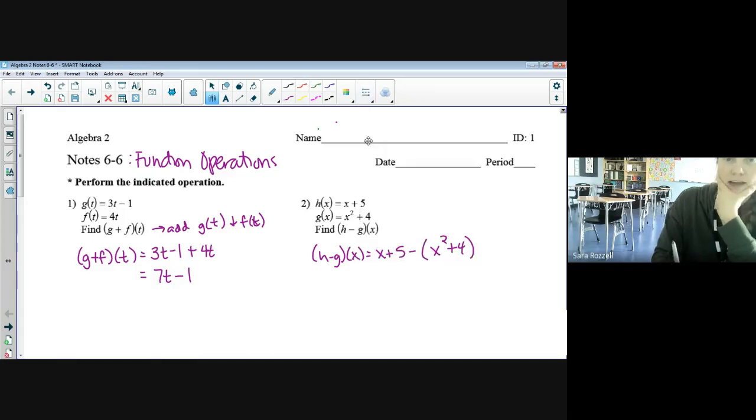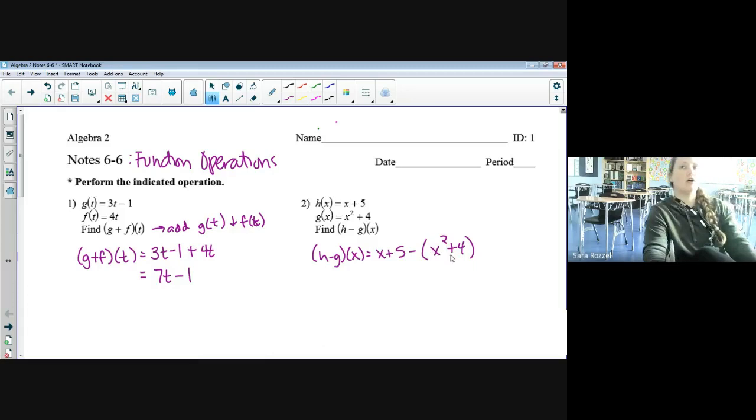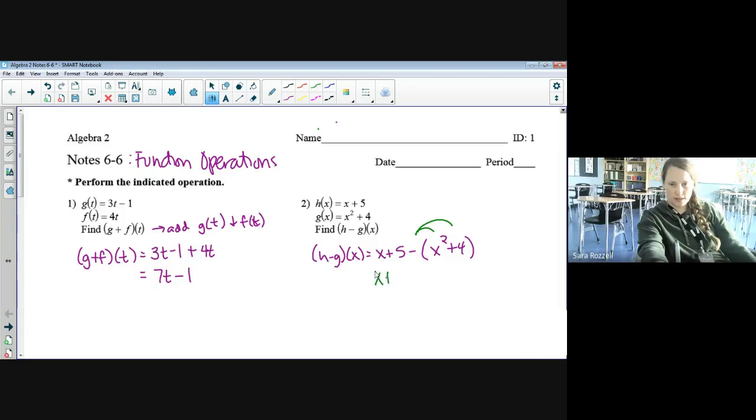I can't just put a minus in between the two of them because it affects the x squared and also the 4. That's a mistake that people make all the time. So this is a big mistake if we're not putting the parentheses. So those are necessary. I'll distribute the negative. So x plus 5 minus x squared minus 4.